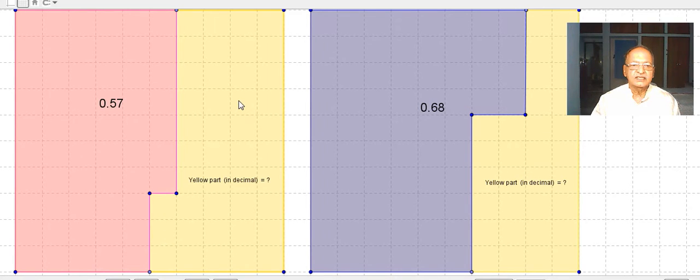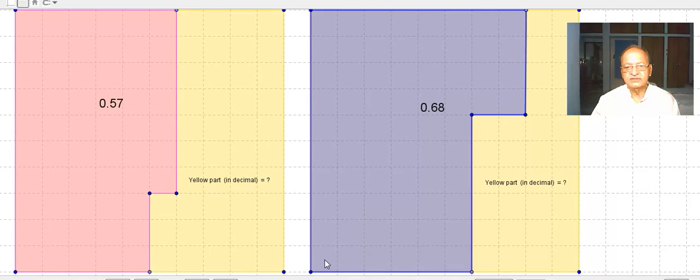For the remaining portion, check: this 10 plus this 10, 20, 30, 40, 41, 42, 43. So the yellow portion is 43 out of 100, meaning 100 is taken as 1. So 43 by 100 can be written as 0.43. This next one is left for you.